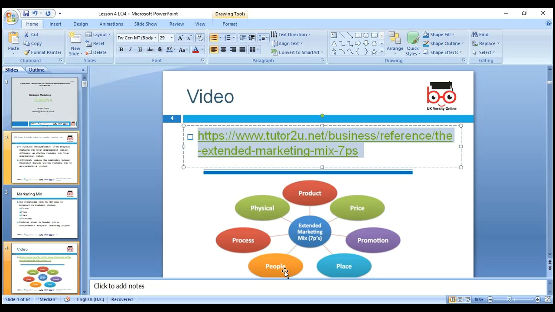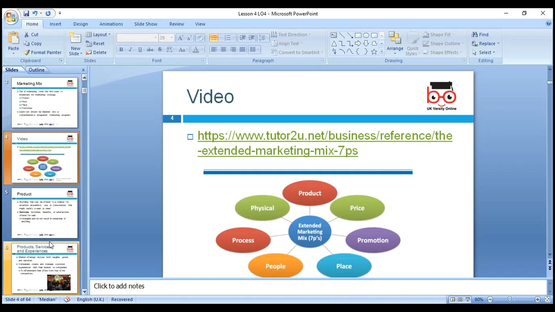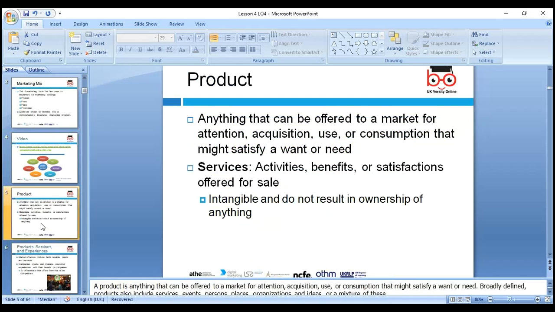Physical evidence: we need to look at the color scheme, because different cultures have different meanings. Red can be sadness in some cultures and happiness in others. White saris worn by ladies in India can be a sign of sadness, but white clothes in Japan are a sign of happiness. So our physical evidence and surrounding environment need to be considered when we make our marketing plan. Any question? Okay.